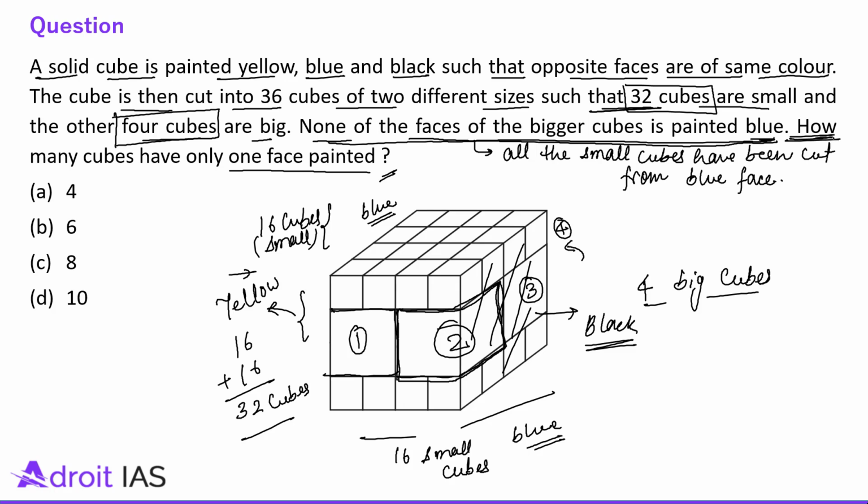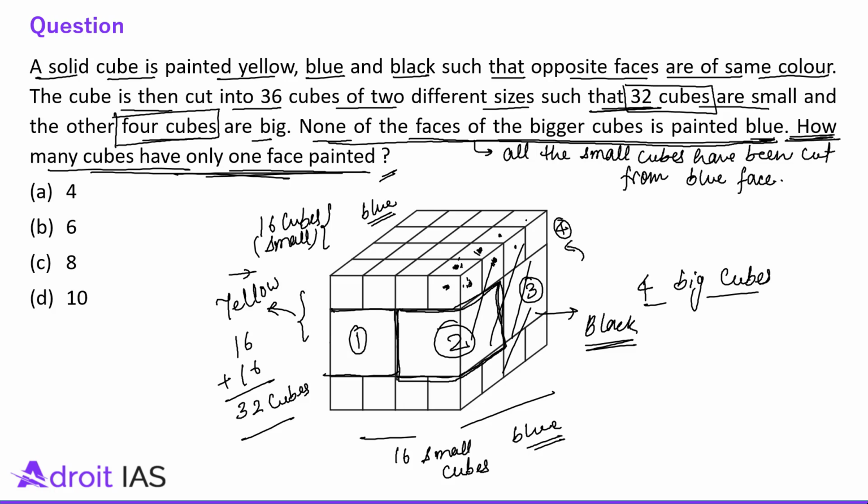Question says how many cubes have only one face painted, right? Now friends, if we talk about the corner cube, this cube is situated in the corner, so this will have 3 faces painted, right? And this cube is on the edge, this will have 2 faces painted. Fine.